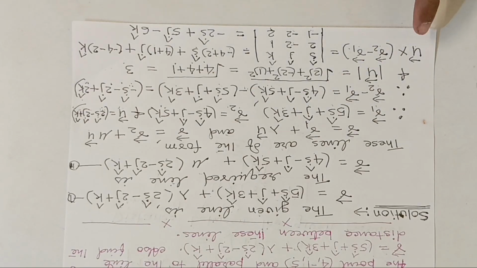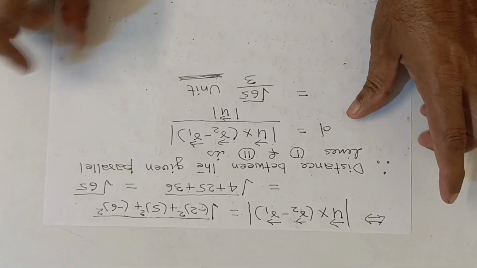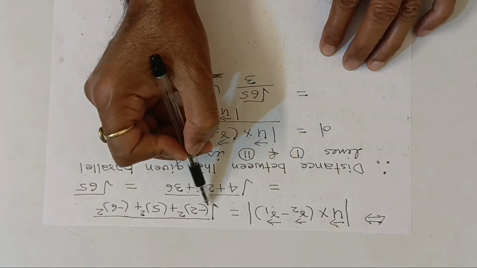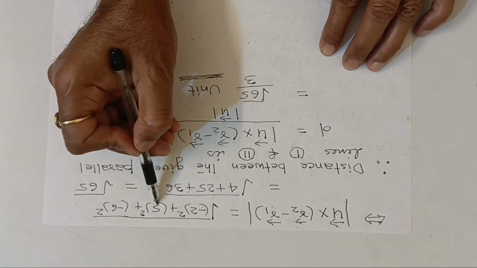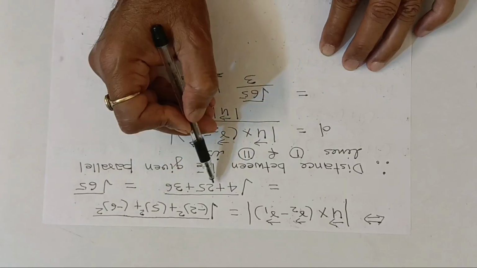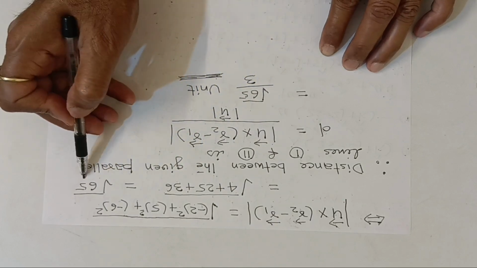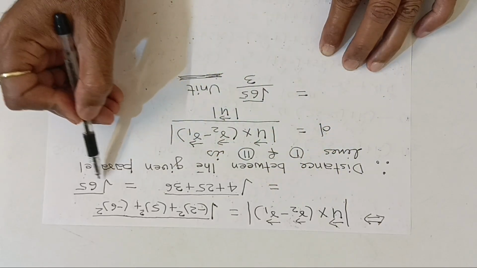Therefore, mod of vector u cross vector r2 minus vector r1 is the square root of (-2) squared plus 5 squared plus (-6) squared, that is 4 plus 25 plus 36, which is 65, so the square root of 65.